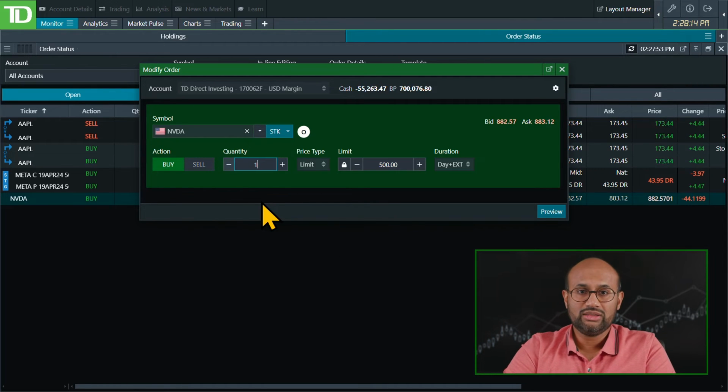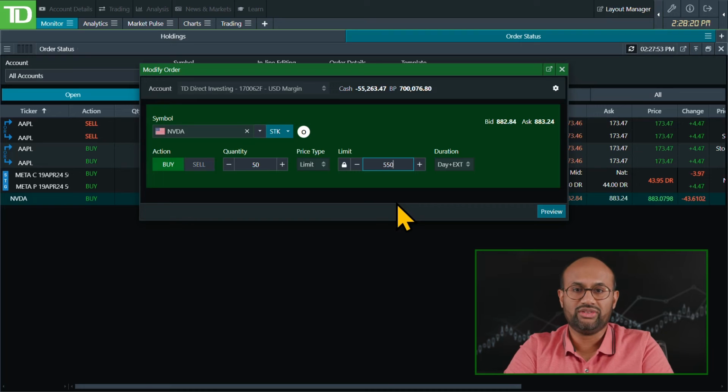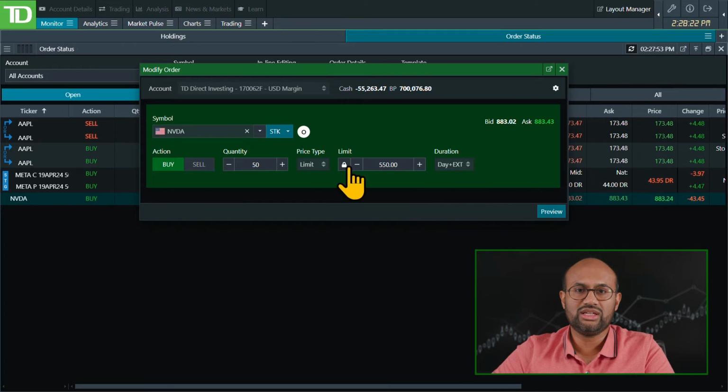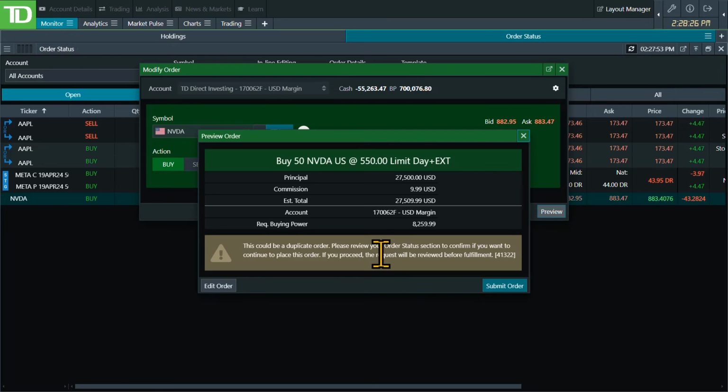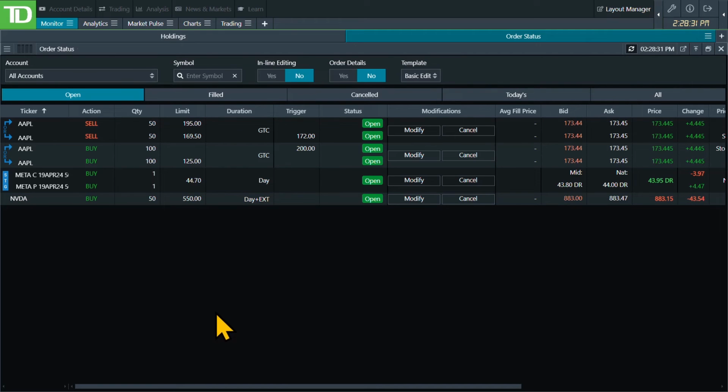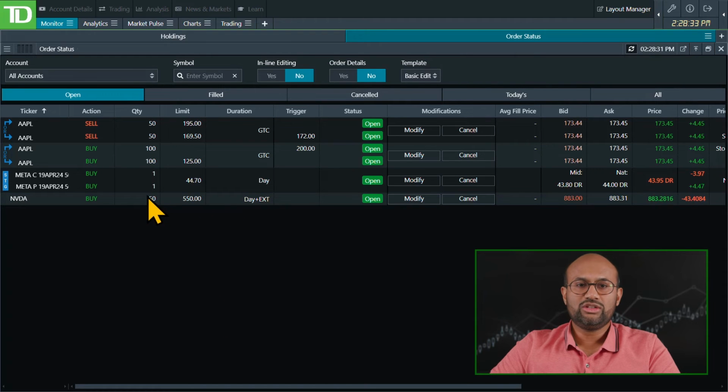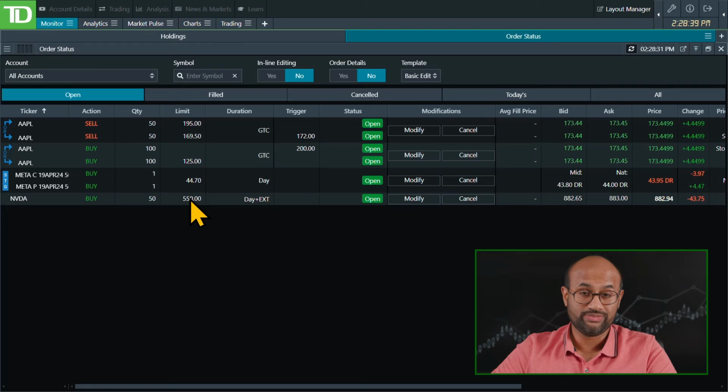Maybe I want to drop the share count down to 50 and raise the price a little higher to 550 over here. We'll keep everything else the same as it is and everything's good. We'll go ahead and hit preview and send that order off. It'll give you any warnings it needs to, and you can still go ahead with that order. You can see it's updated to our new quantity of 50. Our price would also be updated to that new price of 550 over here as well.